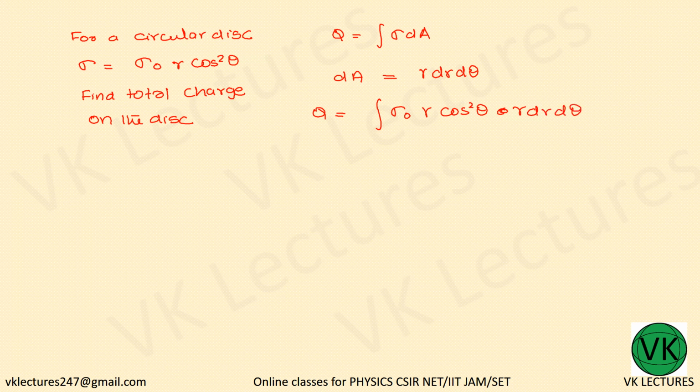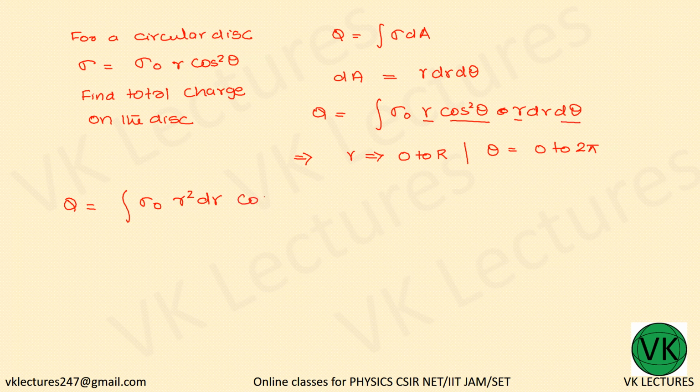Now we need to know the limits of r and theta. r is ranging from 0 to capital R, let us consider capital R as the radius of the disk, and theta is ranging from 0 to 2 pi. Now the total charge Q is the integral of sigma naught, r times r is r squared dr, and cos square theta d theta.